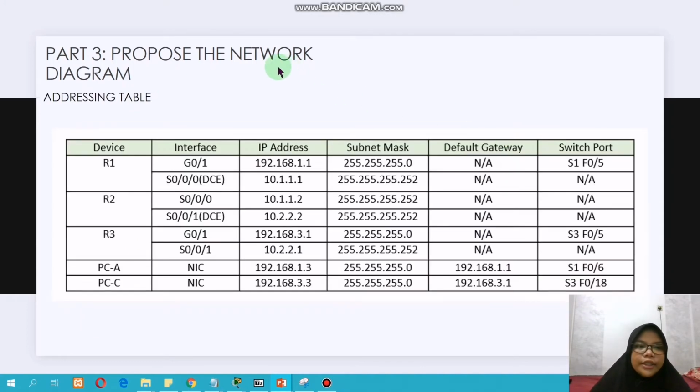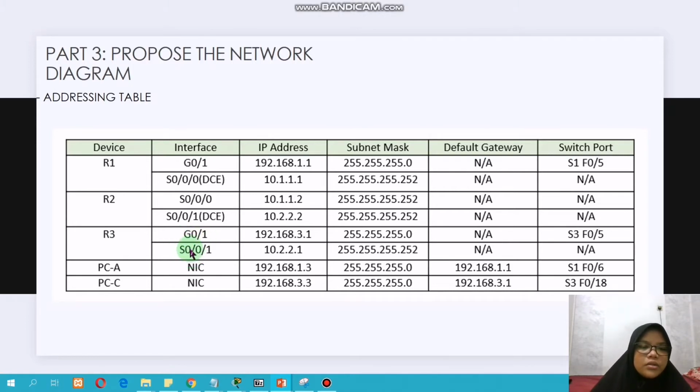Next, the addressing table for the proposed network diagram. This is my addressing table, where my devices are R1, R2, R3, PCA and PCB. For the R1 interfaces, I'm using G0/1 and S0/0/0 to connect to router 2 S0/0/0, and S0/0/1 to connect with router 3.